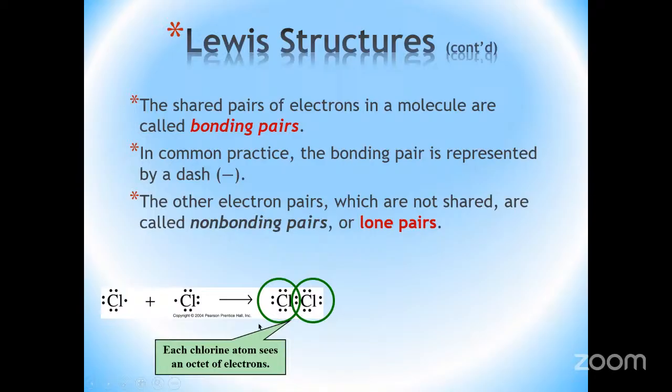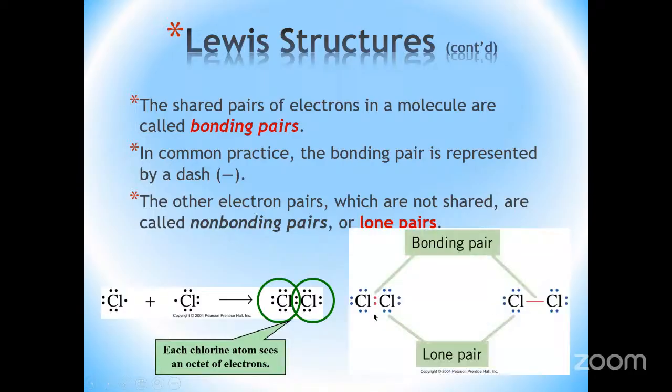Now, this is actually one way of representing the Lewis structure of the chlorine molecule. Another way of representing it is using this representation right here, where instead of using 2 dots to represent the bonding pairs, we use a line to represent the bonding pairs. And there's yet another way. I don't see this too often in textbooks, but I remember one of my professors back in the day did this, which I prefer to use.